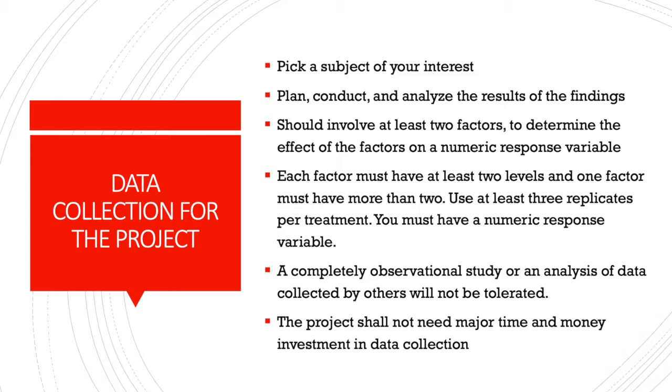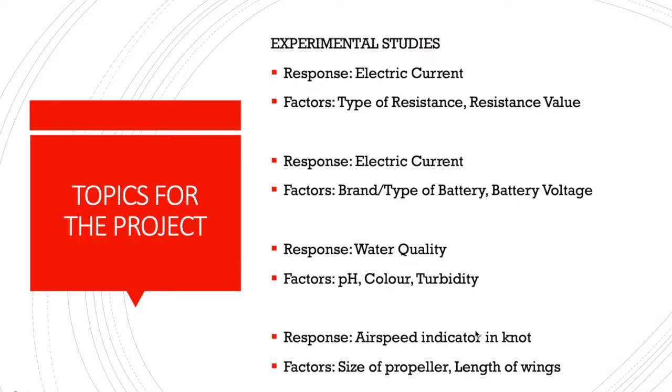Use at least 3 replicates per treatment. You must have a numeric response variable. However, please take note that a completely observational study or analysis of data collected by others will not be accepted. Most importantly, the project shall not need major time and money investment in data collection.